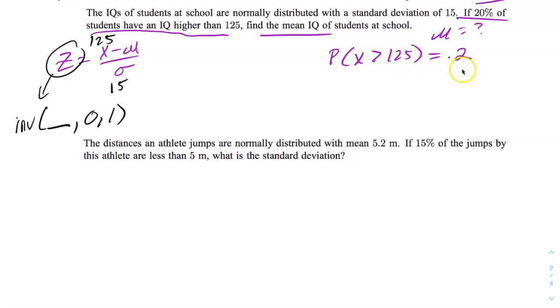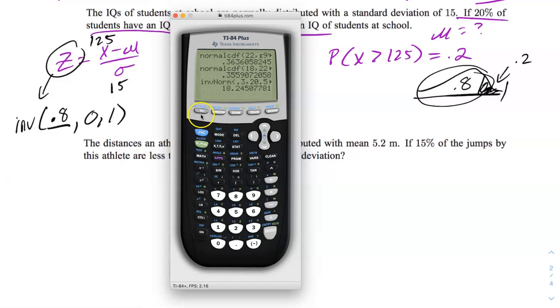Now in this case, I can't use 0.2 because I don't have a fancy new calculator that lets me do left and right tail. So I have to figure out what the other side is, because what I have right now is greater than, which starts on the right-hand side, and that is 0.2. I need the left-hand side, which in this case will be 0.8, because my calculator's old. So let's type that in.